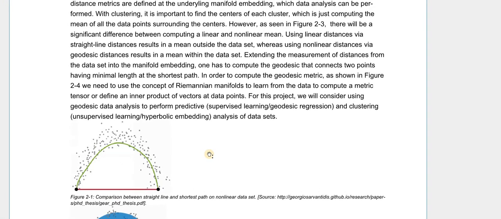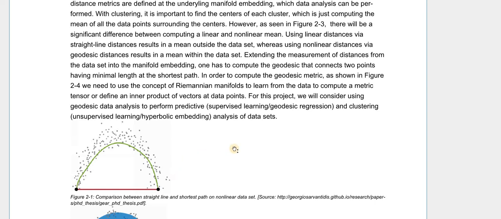So with supervised learning, as I mentioned, you are given a training data set with past labels. And in these labels, we have to create this line using some type of regression, either linear or geodesic regression, and then feed it through the system, and now we use it on new data or future data in order to predict.